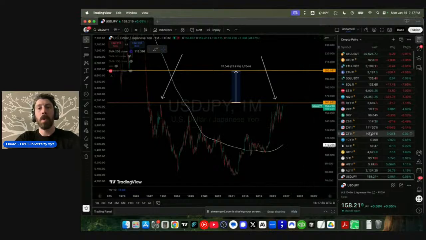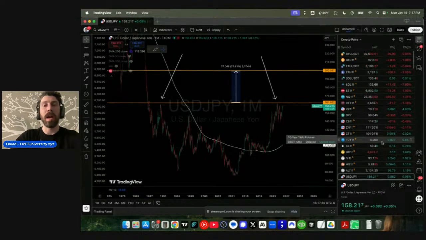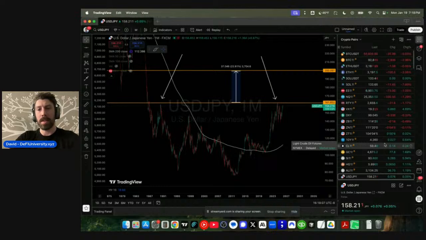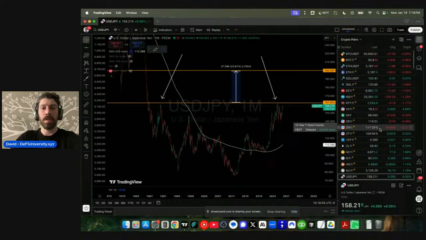Now, what could we also profit from if we're taking a look at USD JPY? Well, I think that it's important to track rates right now because of how interconnected bond markets are globally, especially the Japanese and United States markets, since they hold so many hundreds of billions of dollars, or maybe even trillions of dollars, of treasuries.